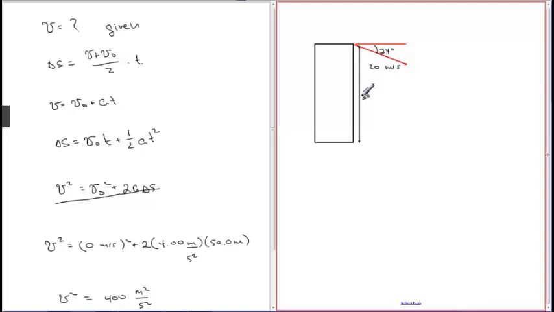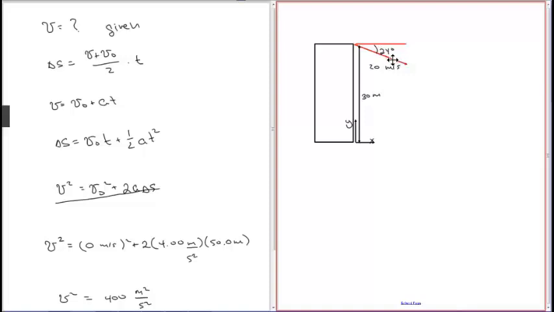Now we're going to redefine the coordinate system for the second half of the problem. So let's start that right here at the base of the cliff. So this is Y and this is X. From this geometry, we can find V0Y and V0X.